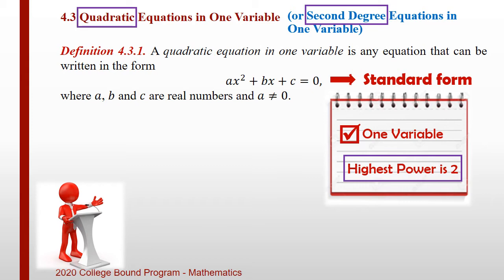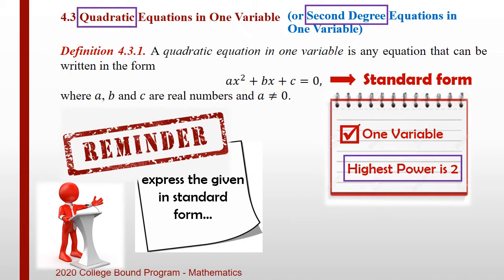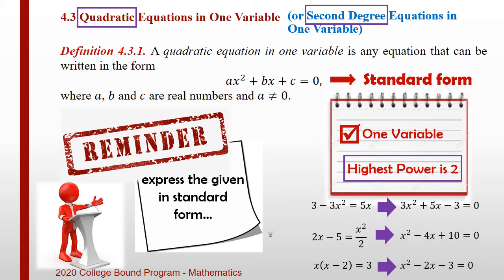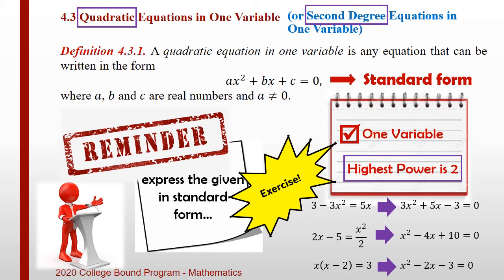In solving these quadratic equations, we must first write the given in standard form. For example, if you have the following equations, you must write them in their corresponding standard forms. The process for this is left as an exercise for the students.